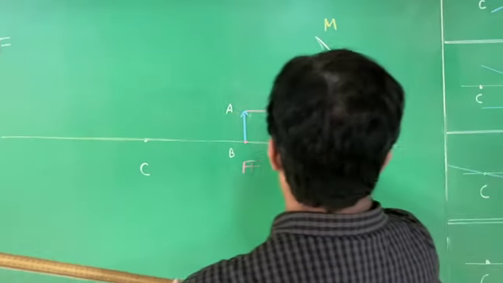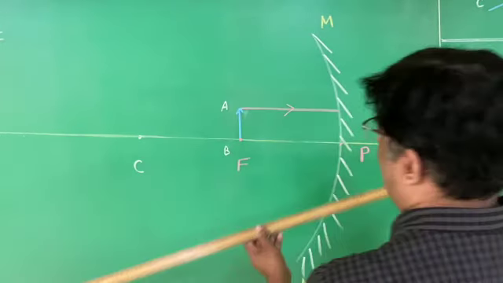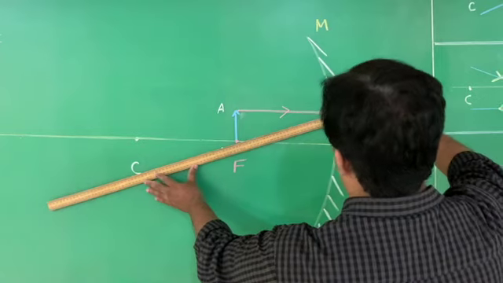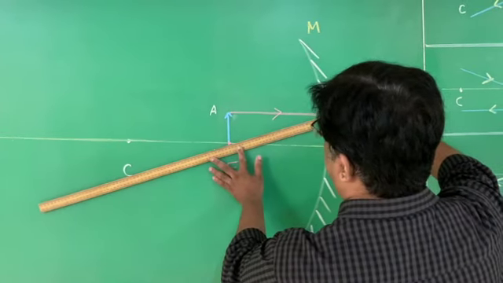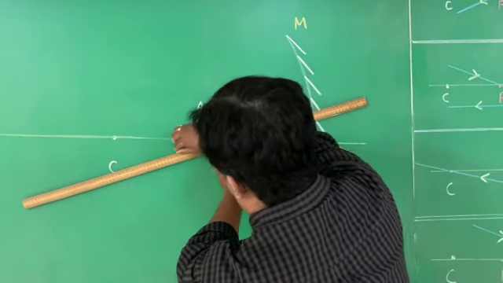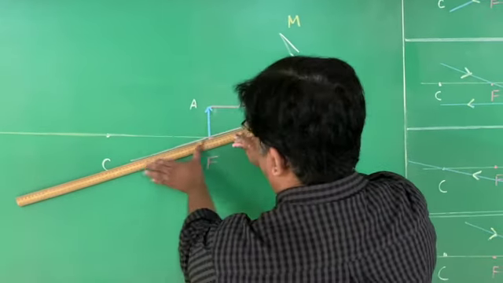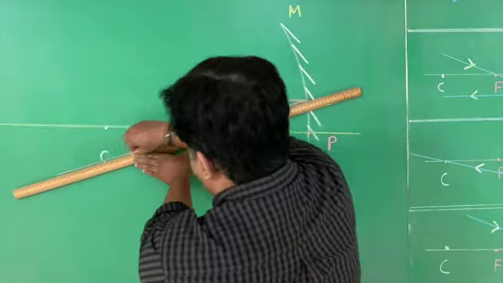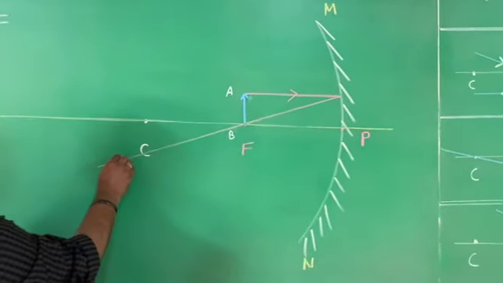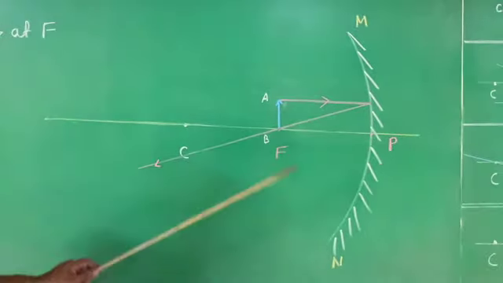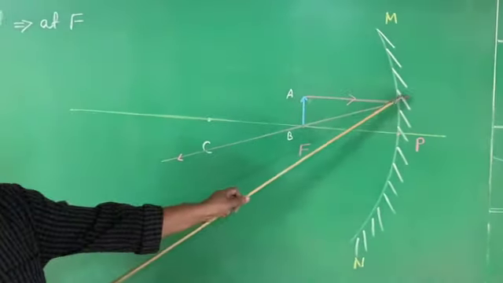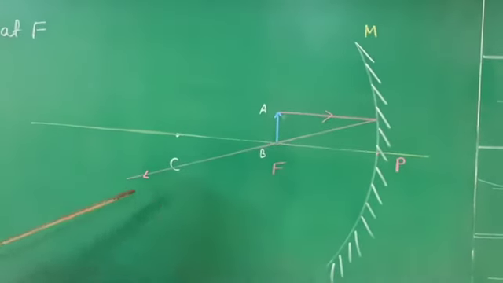After the reflection it passes through the principal focus. It travels parallel to the principal axis, like this. The first condition is over.